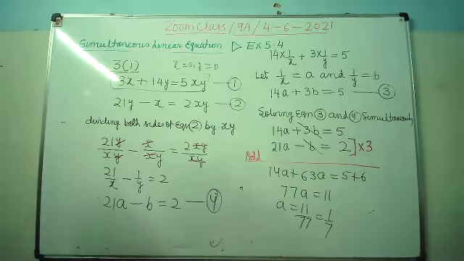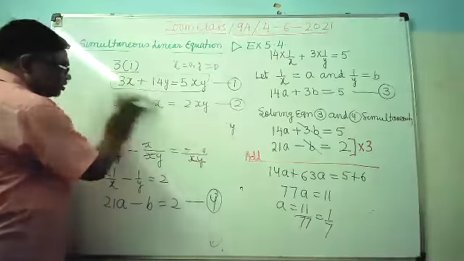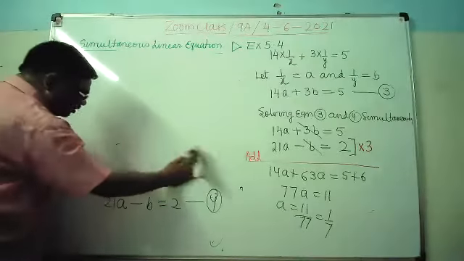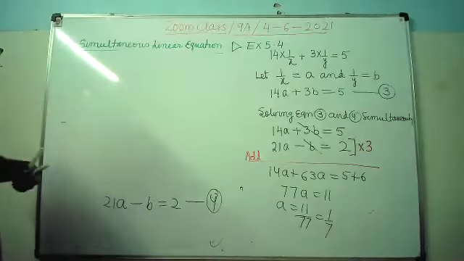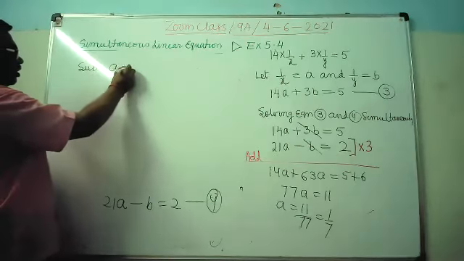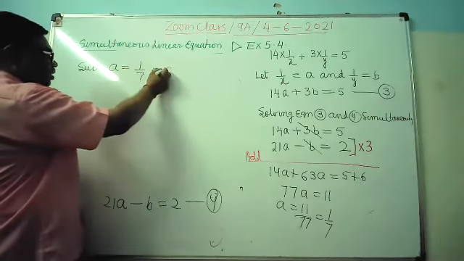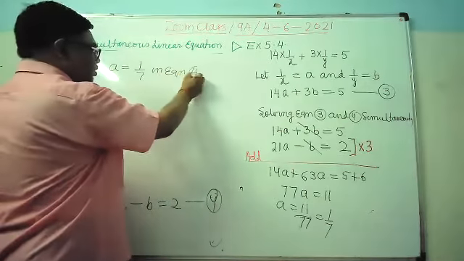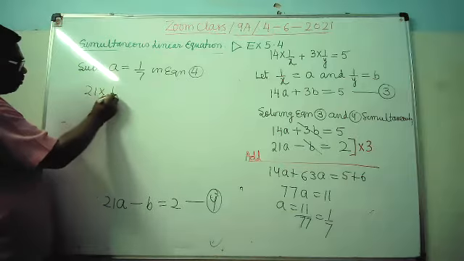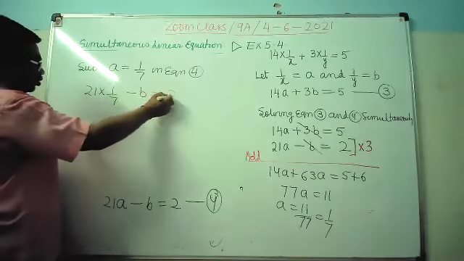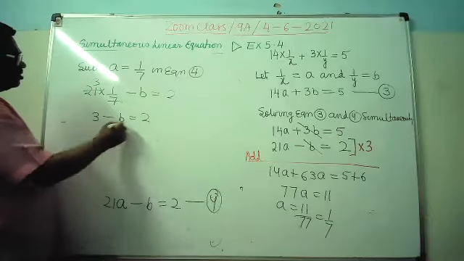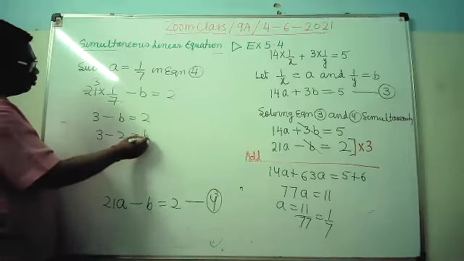Now we will substitute a equals 1 upon 7 in equation 4. So when you substitute, you get 21 into 1 upon 7 minus b equals 2. 7 threes are 21, so 3 minus 2 equals b.